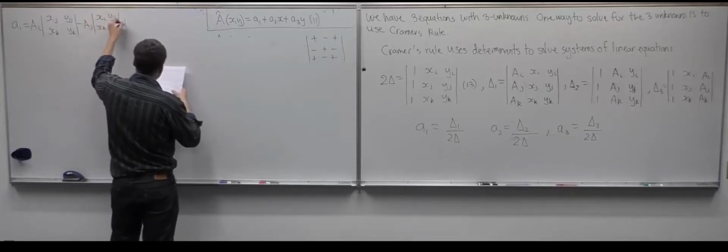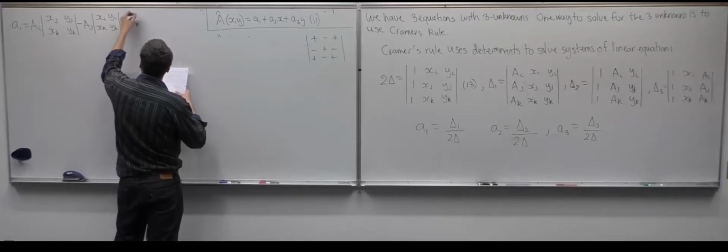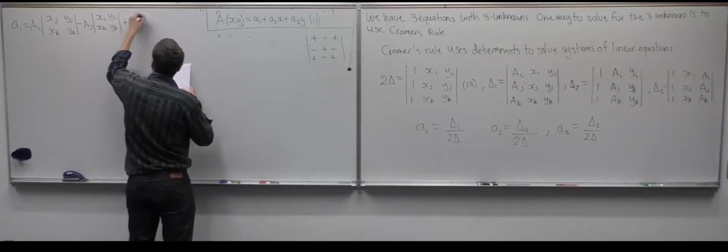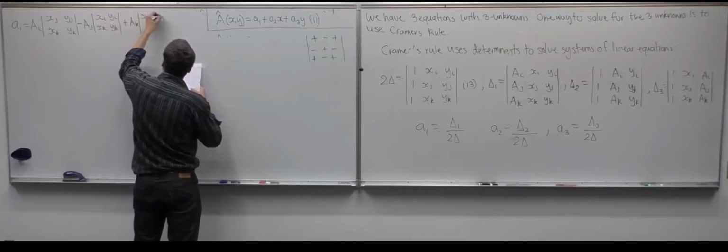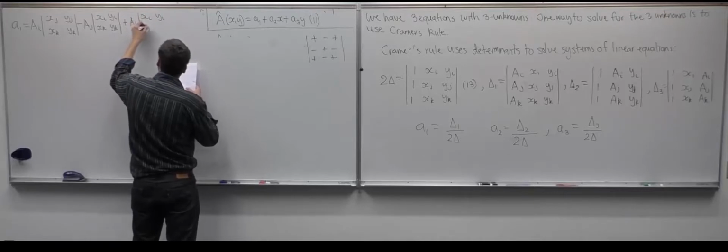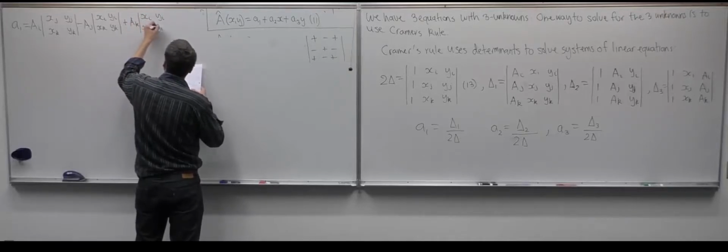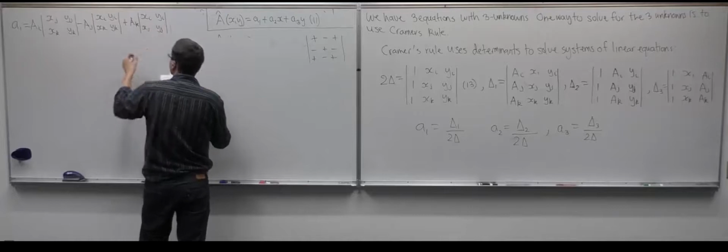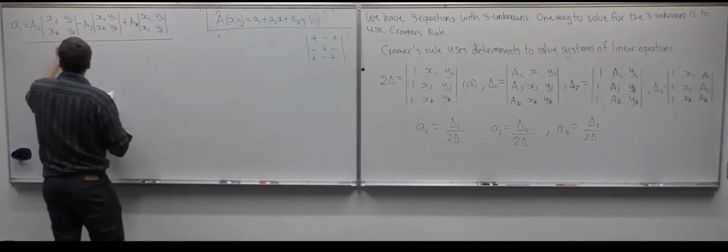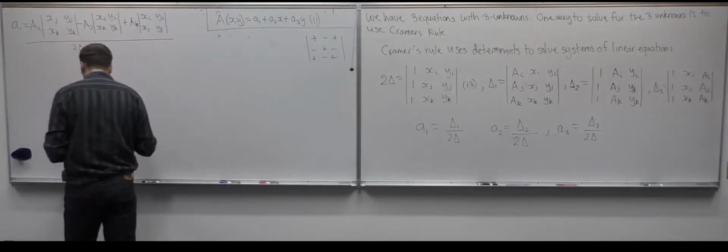And then the third term, a_k, is going to be x_i, y_i, x_j, y_j, like that, and then divide that by 2 delta.